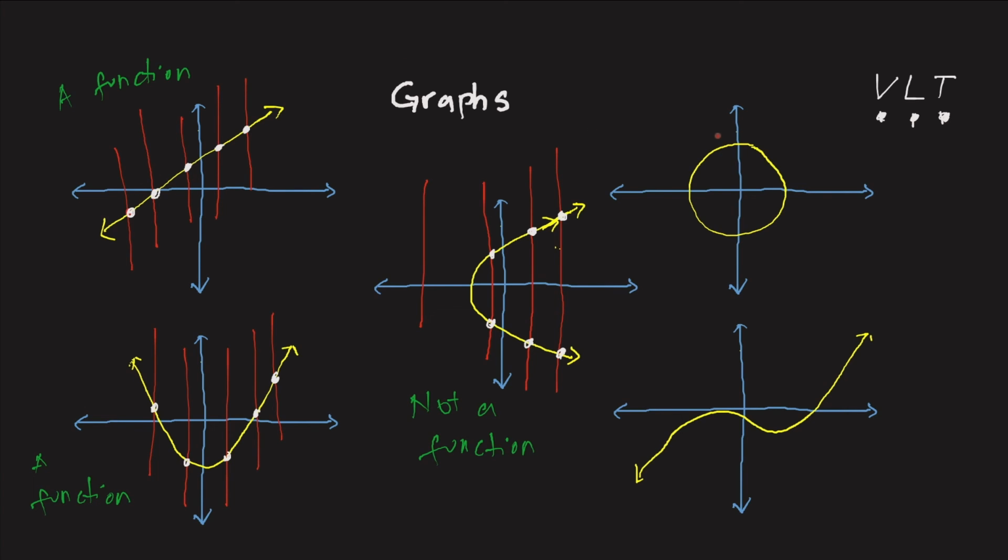Now, how about this one? We draw a vertical line here. It does not pass through the graph, and that's okay. We draw a vertical line here. It does not pass through the graph. That's again okay. But if we draw a line here, sometimes we say that a vertical line is tangent to a graph.